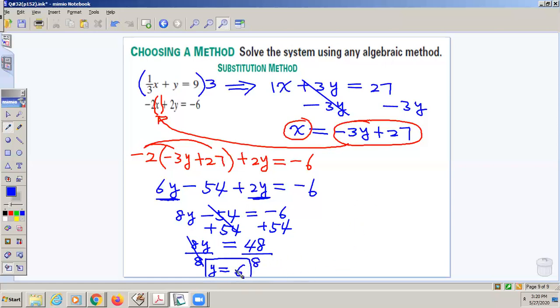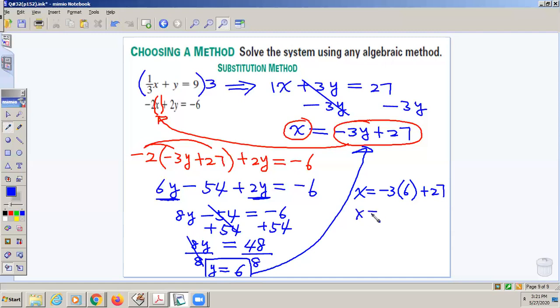And so now that we figured out y, we have to figure out x by substituting back in. Once again, you can plug into the original equation, but the new equation that we found here seems to be much easier now, granted that we did everything correctly up to this point. So that would be x equals negative 3 times y, which is 6 that we just found, plus 27.